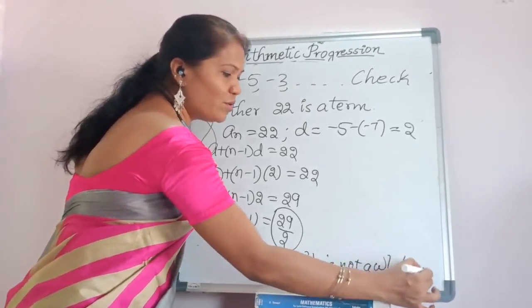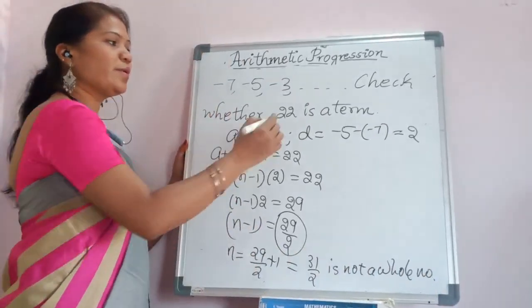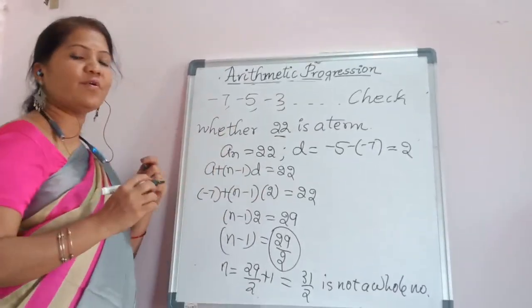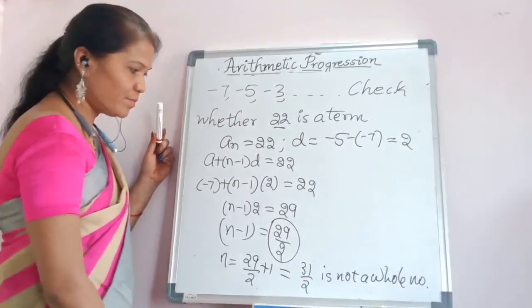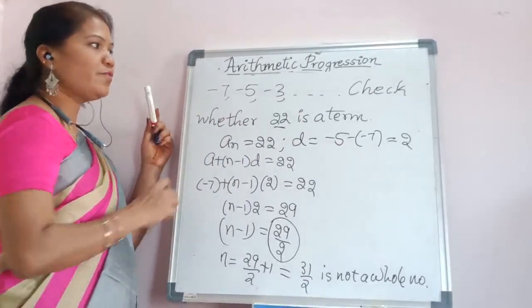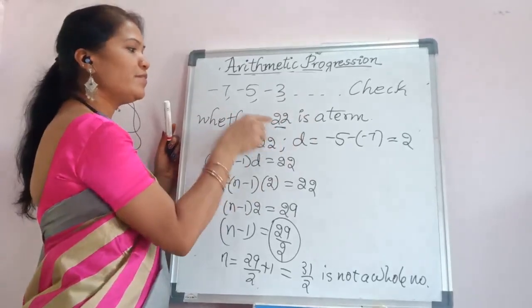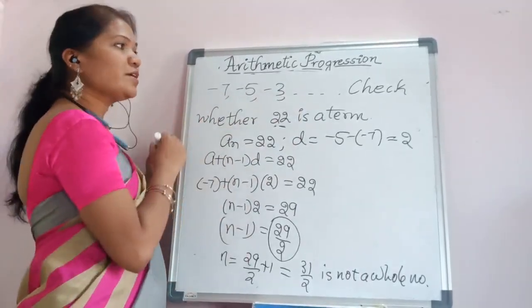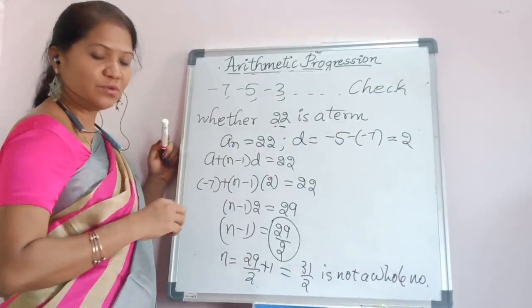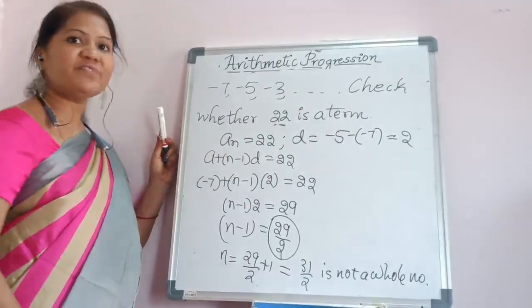Since n is not a whole number, therefore 22 cannot be a term of this given sequence, right? So we have used an. How to find whether the given number is forming a term of the AP or not, and check which term is 0, and let us go for which term is the first negative term.